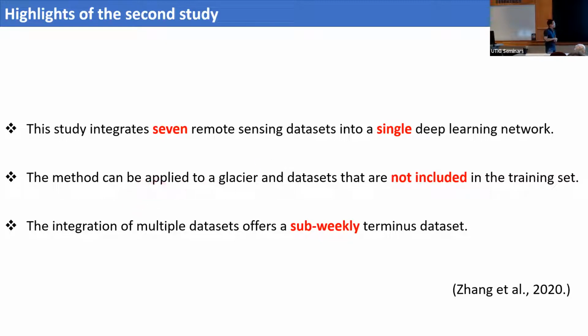And the method can be applied to glaciers that are not included in the training, proving the network has spatial transferability, which gives us more confidence in applying it to other places. The integration of multiple datasets offers us a sub-weekly terminus dataset. Now the terminus dataset has a really high temporal resolution, and we can even directly observe the large calving event from the time series itself.